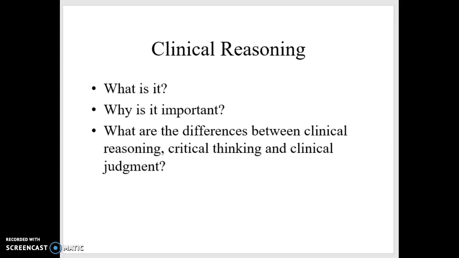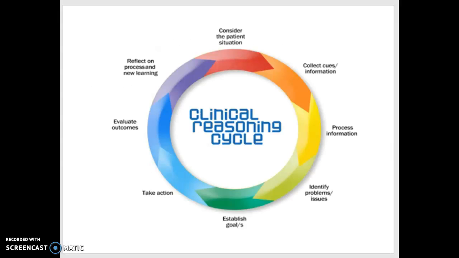So when we look at clinical reasoning, we have to think about what the differences are between clinical reasoning, critical thinking, and clinical judgment. As we look at this clinical reasoning cycle, you're going to see it looks very similar to our nursing process. We gather information or collect data. We process that information.